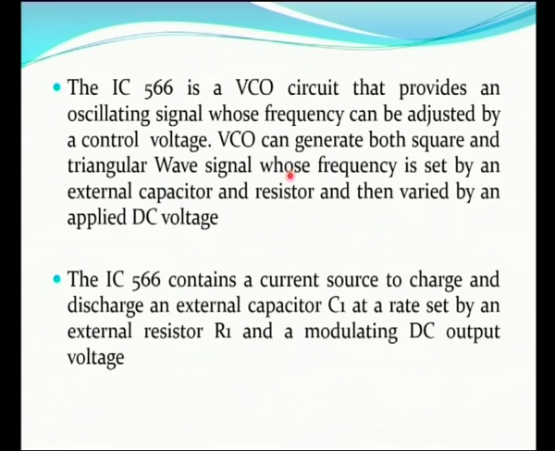The frequency is set by an external capacitor and a resistor and then varied by an applied DC voltage. The IC 566 contains a current source to charge and discharge an external capacitor C1 at a rate set by an external resistor R1 and a modulating DC input voltage.